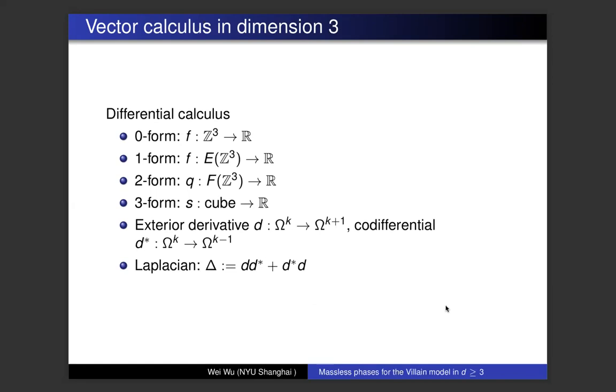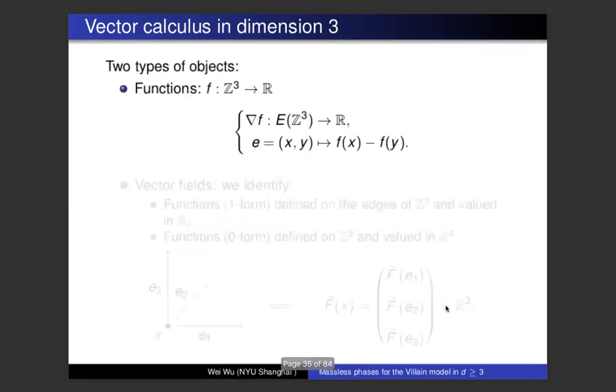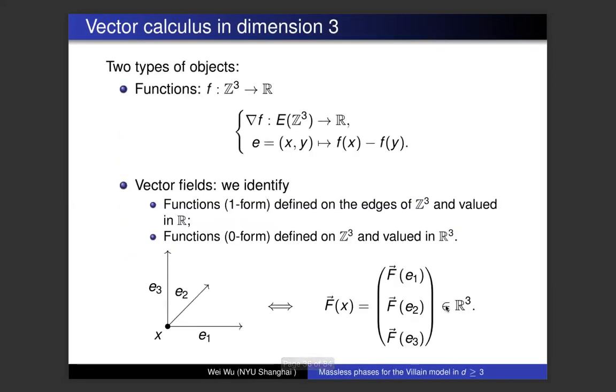Now, in order to simplify all these things, we don't actually write things in terms of forms. We're using some basic identifications. For example, a 1-form is defined on edges, but we can also identify each vertex with its 3 outgoing edges. Therefore we just write that as a vector-valued, 3-component function defined on the vertices.